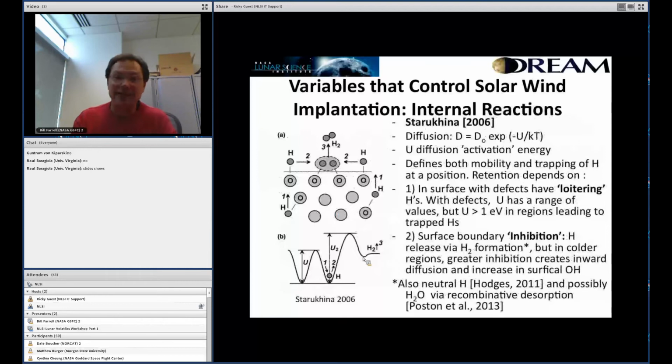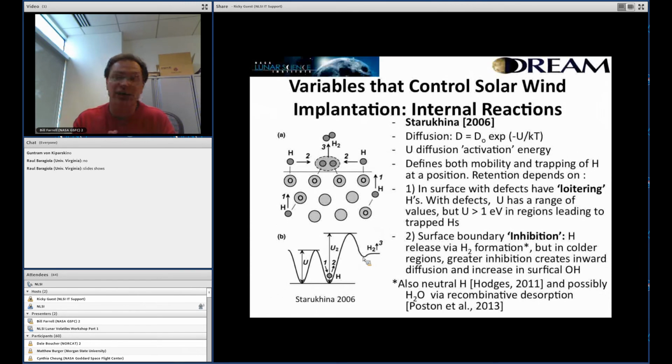So in a material with defects, I call it loitering of H's, where U can have values greater than 1 to create trapping of the H's in vacancies. With defects, you'll probably get a range of values from low to high, particularly if you have channel-type defects back to the surface, but where we have high values of U in certain locations, you'll trap those H's.